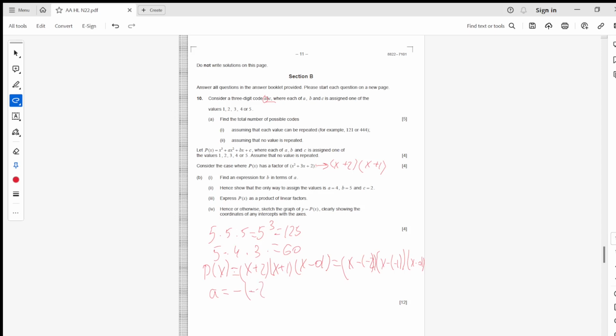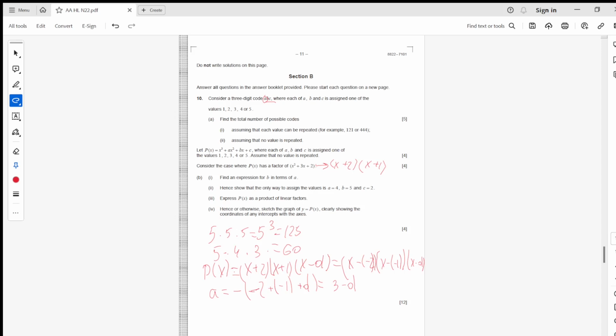So here is minus 2 plus minus 1 plus d, which is equal to 3 minus d. Okay, and for b, we can, for example, just multiply all those factors.